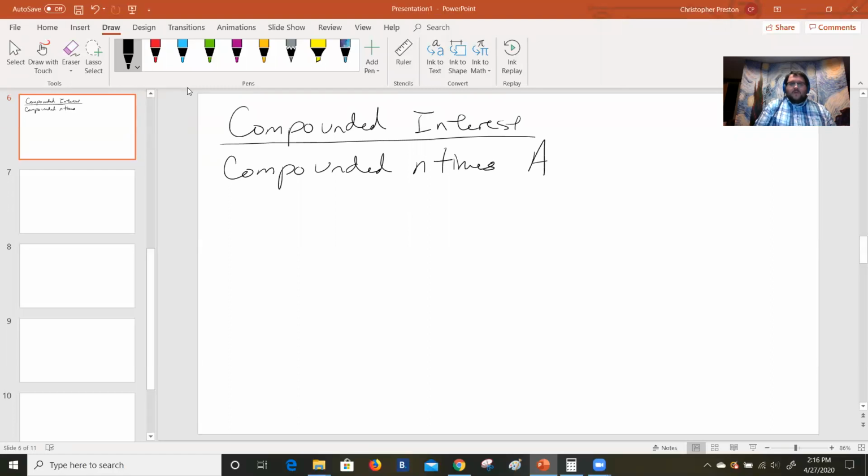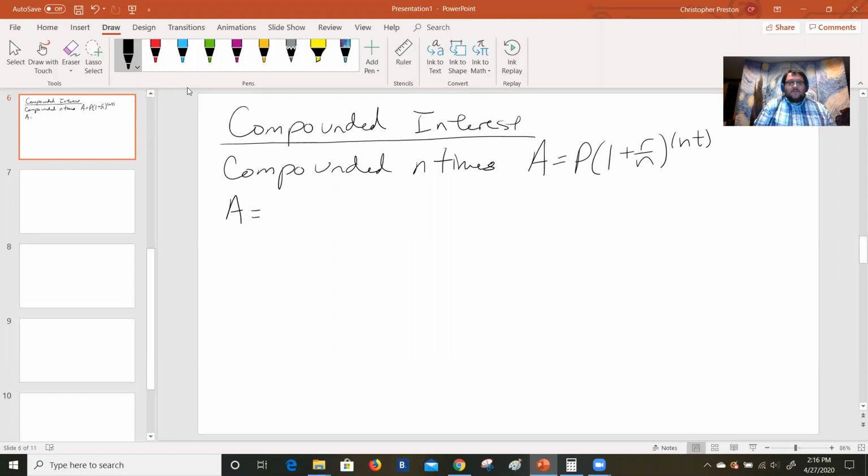And the formula for that is A equals P, 1 plus r over n, to the nt power.